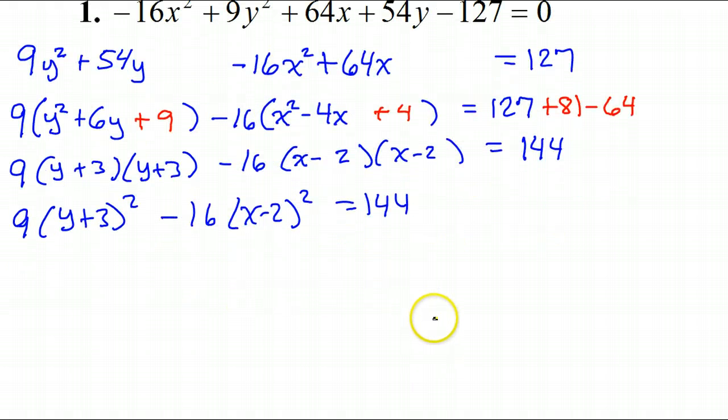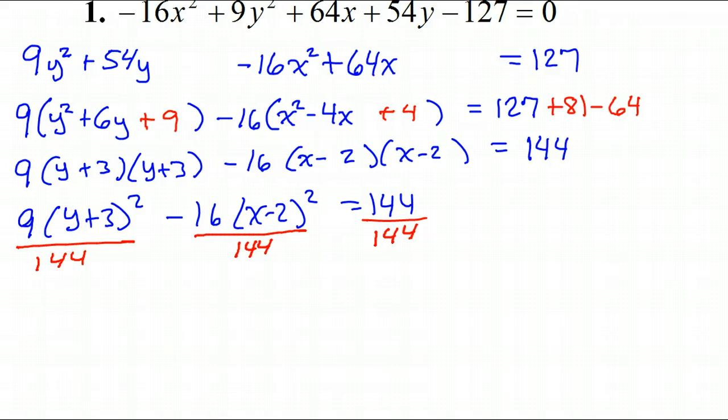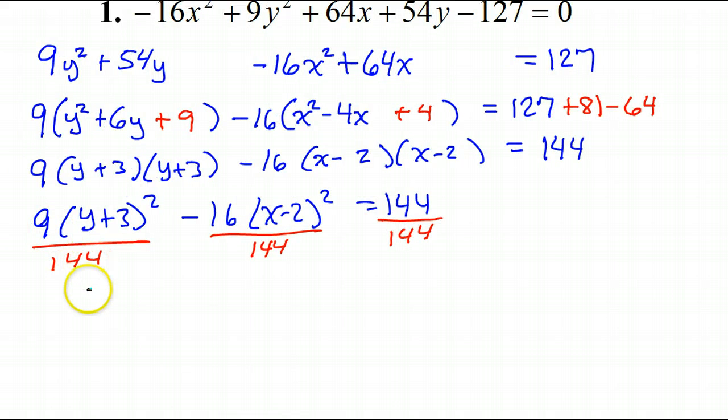Now, in standard form for a hyperbola, I know I need a 1 over here. It's supposed to equal 1. So I know I need to divide by 144 everywhere. How many times does 9 go into 144? Right now I'm doing 144 divided by 9. That is 16.